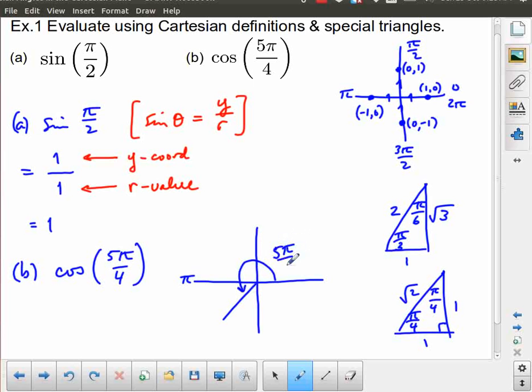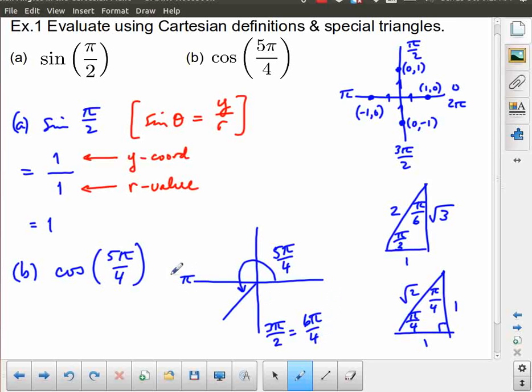5 pi by 4. It's past the horizontal. Again, that's 180 degrees, which is now pi. So 5 pi by 4 is past that, but you have to make sure that it's not past 3 pi by 2. If we put that in terms of the denominator 4, that would be equal to 6 pi over 4.